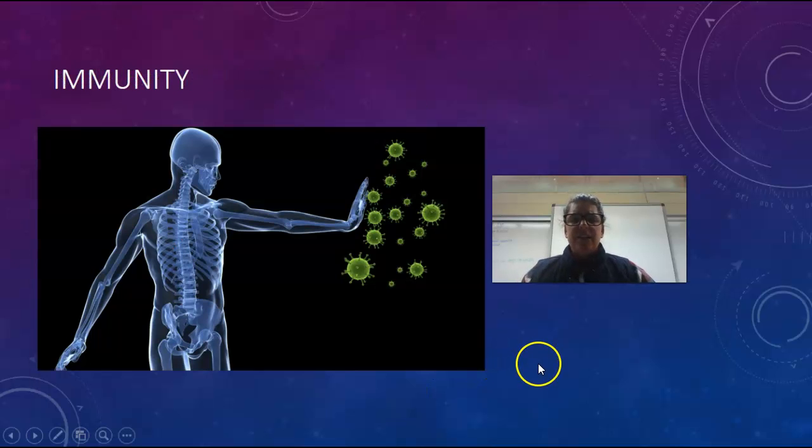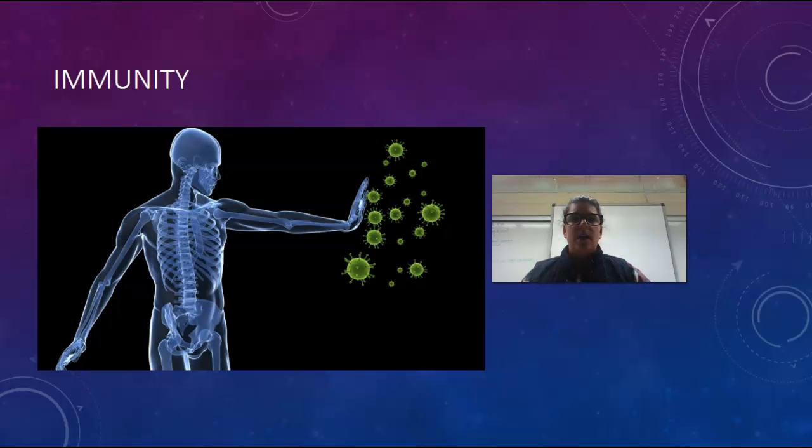And then finally, you're going to look at immunity this week. How is it that our bodies keep us safe from viruses, bacteria, fungus, any kind of pathogen? Your body has so many different ways of keeping us safe through innate means like just plain physical barriers, your skin, your nose hairs, the mucus in your nose and your ears.